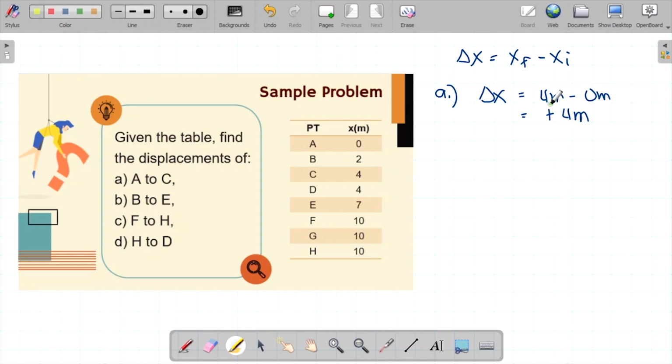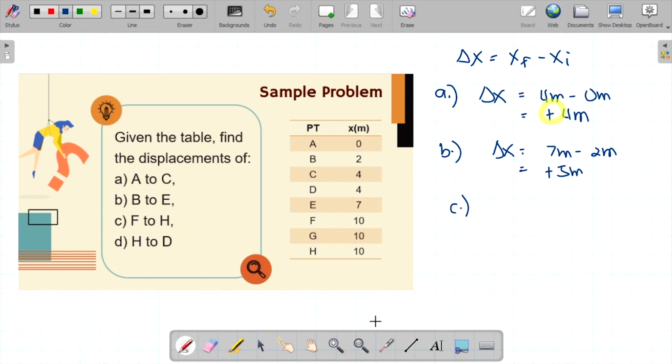The positive sign indicates that the direction of the displacement is to the right. Next, letter B. The initial position is point B or 2 meters and the final position is point E or 7 meters. Then the displacement is equal to 7 meters minus 2 meters or equal to positive 5 meters.